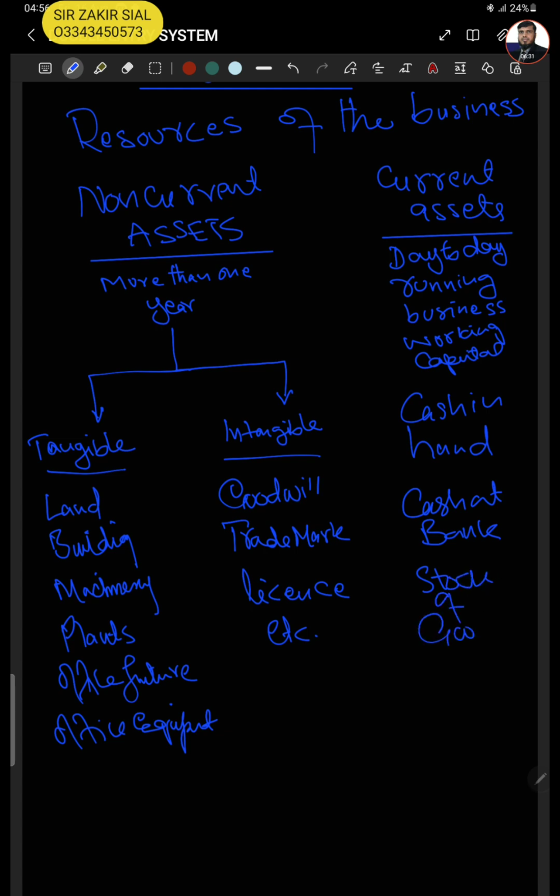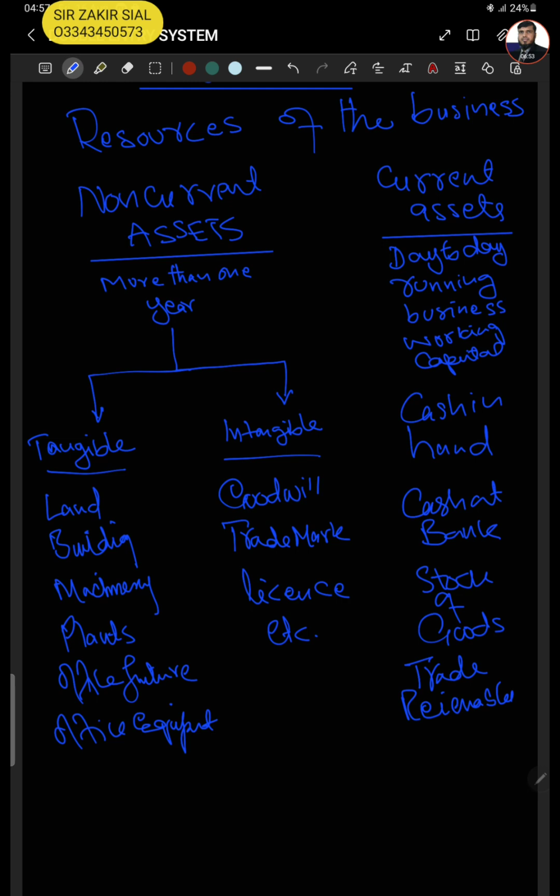stock of goods which are available for resale, also known as inventory of goods, and amounts receivable called trade receivables. Trade receivables are those amounts which are receivable from the customers.